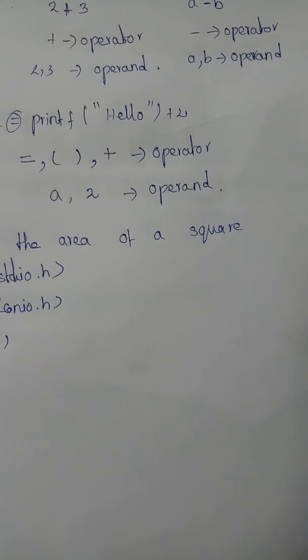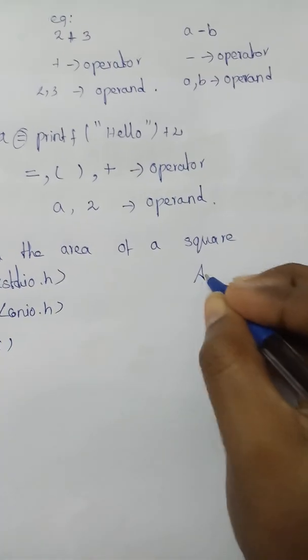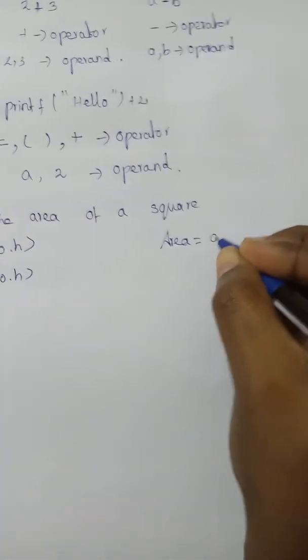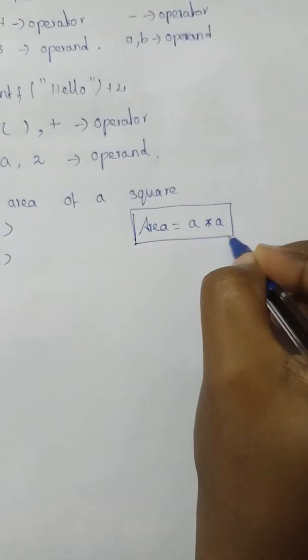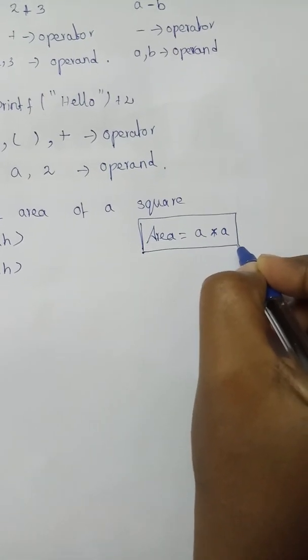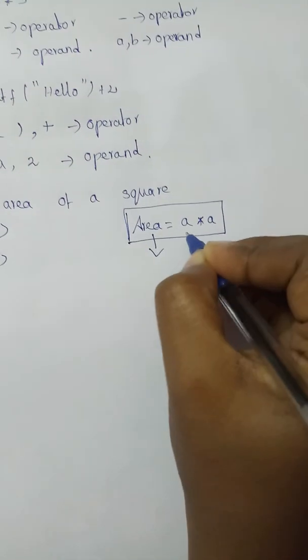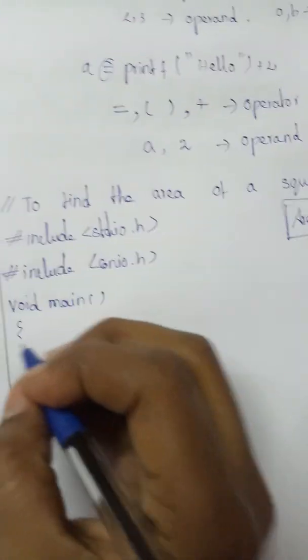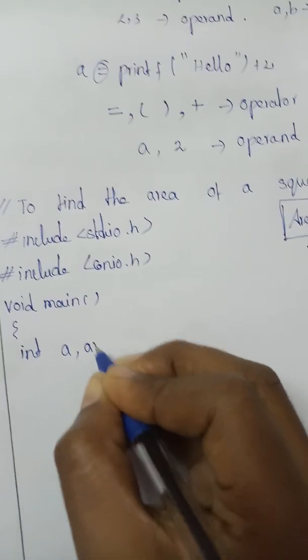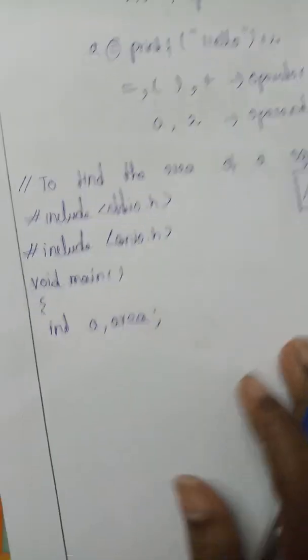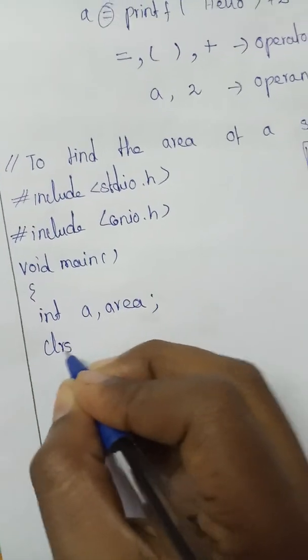What is the formula for the area of a square? Area equal to a into a. So the variables are area and a. So here I will declare int a comma area, and then clrscr.